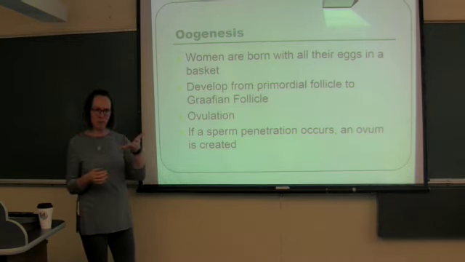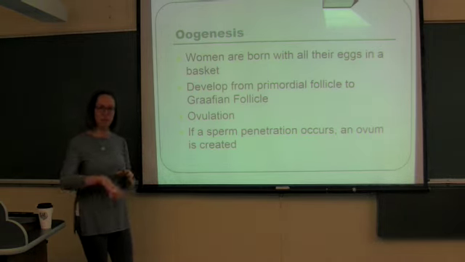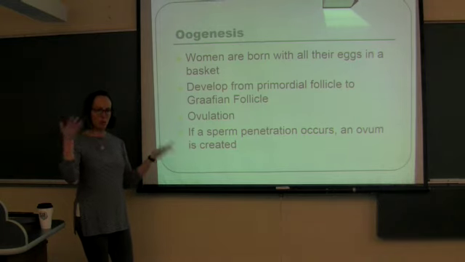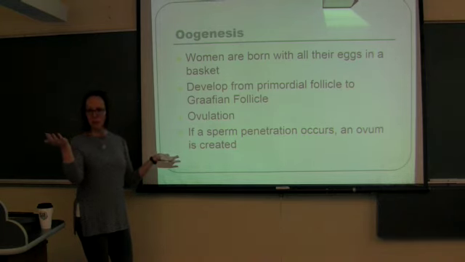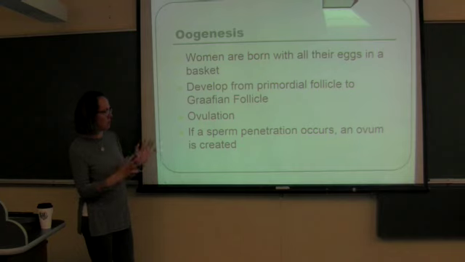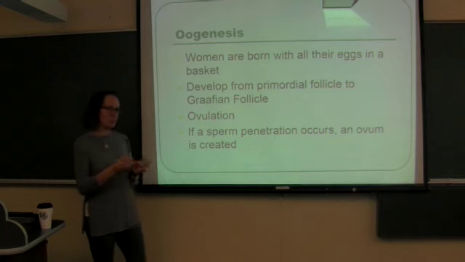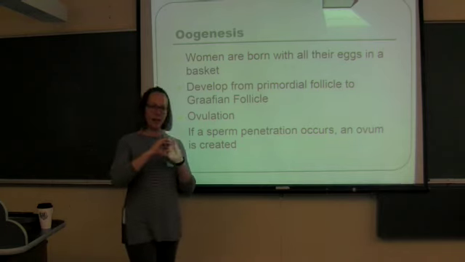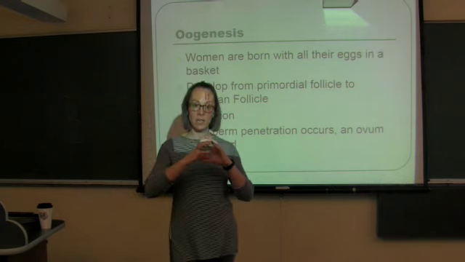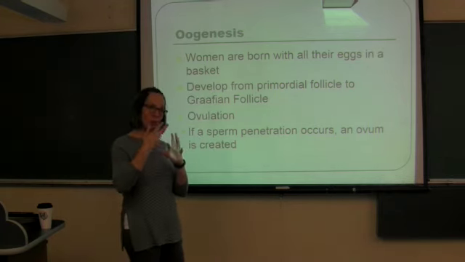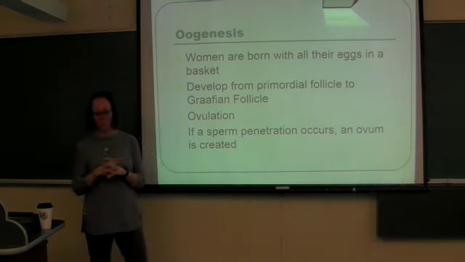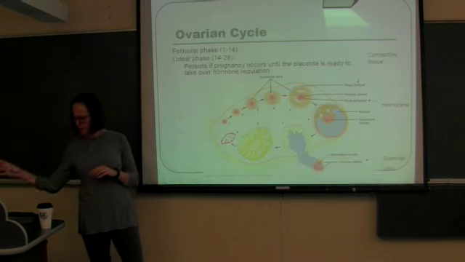We know that when it's released, it'll be ovulated, it goes into that fallopian tube to hopefully be met by a sperm if the female wants to be pregnant. That sperm will then attach to that layer that I showed you that's around the egg and hopefully get in, okay? We'll go through that all in pregnancy.